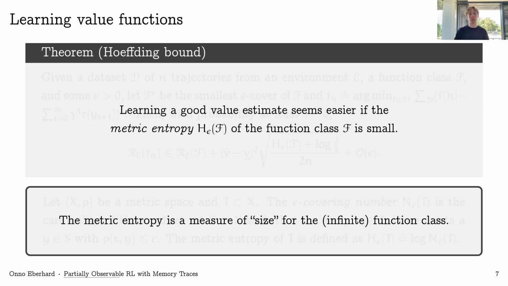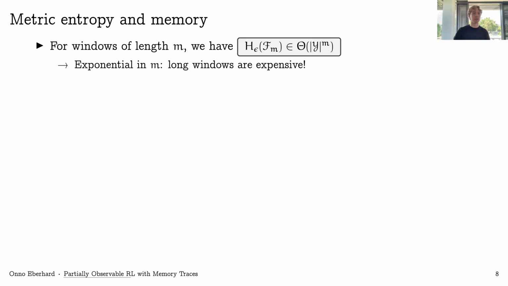And in this case, we consider the size measure that is the metric entropy of a function class. Now for windows of length m, we can compute this metric entropy, and we can see that it scales exponentially in the window length m. So that means that learning with long windows is expensive.